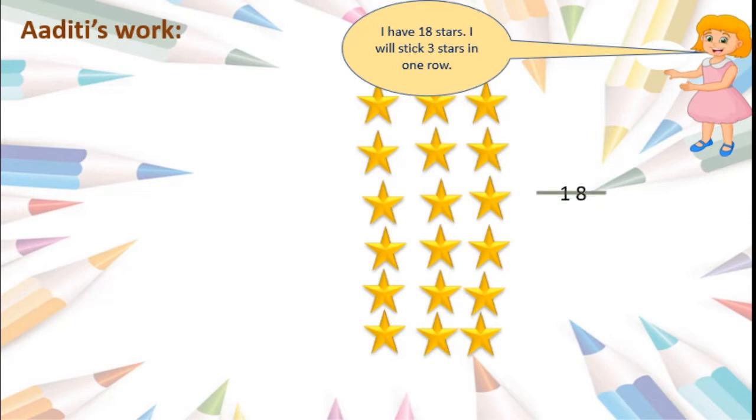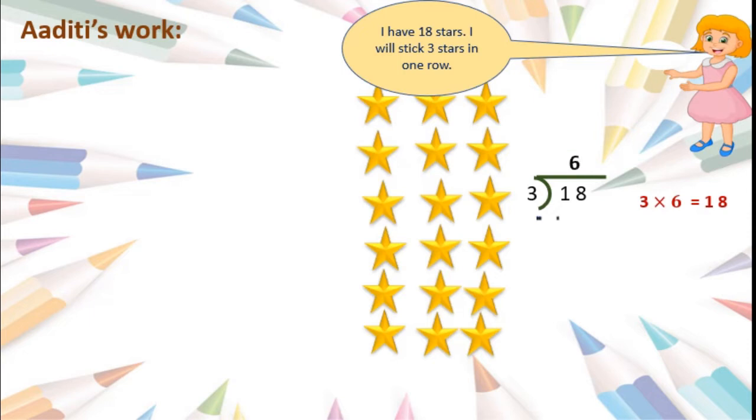Right? We will see here by the method 18 divided by 3. Now we have to recite the 3 times table. Okay. 3 1s are 3, 3 2s are 6, 3 3s are 9, 3 4s are 12, 3 5s are 15, 3 6s are 18. Correct? So 3 6s are 18.